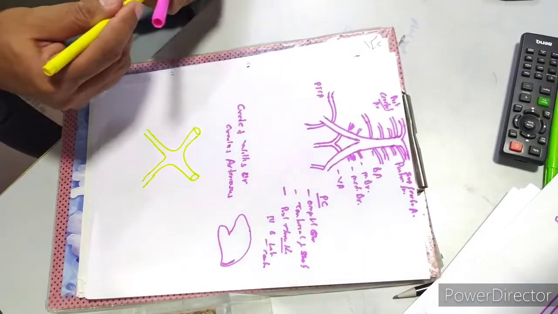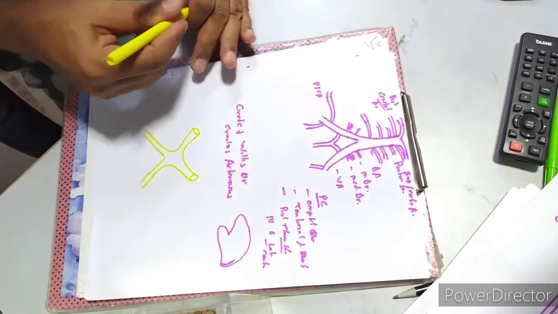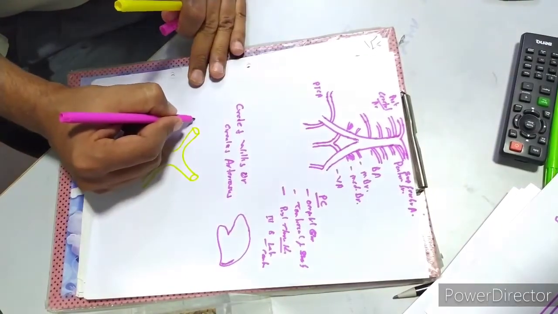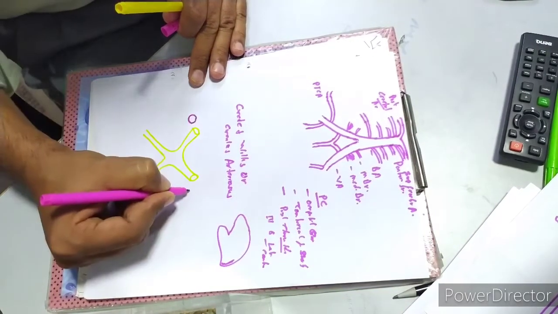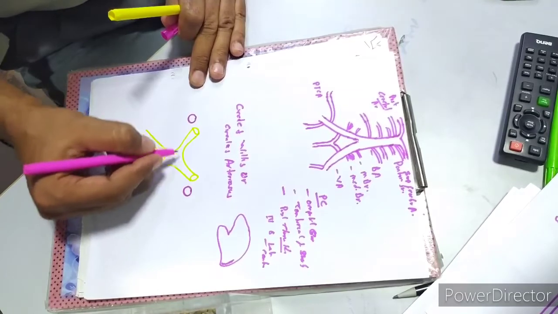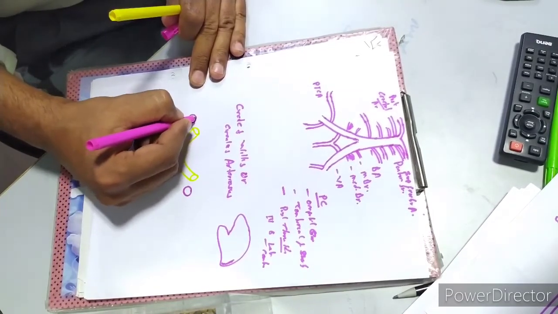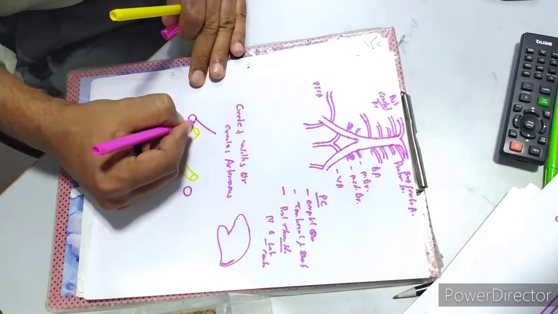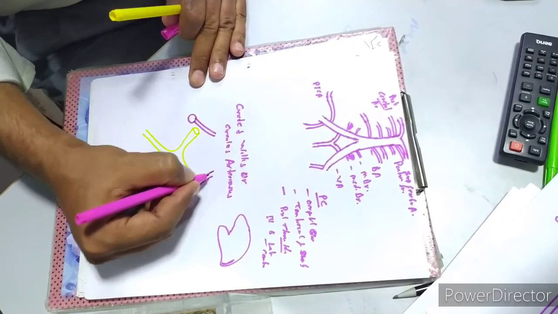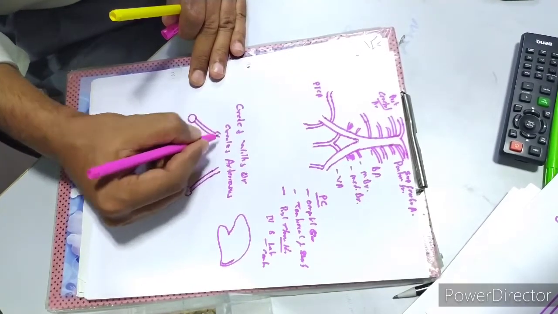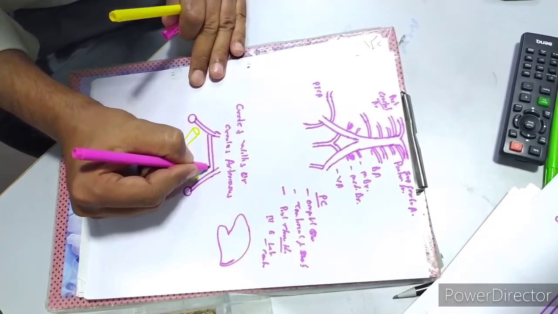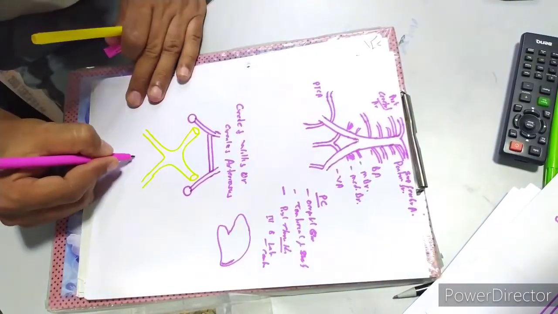And here is the internal carotid artery on the two sides, lateral to the optic chiasma and the optic tract, and this internal carotid artery gives rise to the anterior cerebral artery on both sides. These anterior cerebral arteries are united in the midline by the anterior communicating artery. Clear?